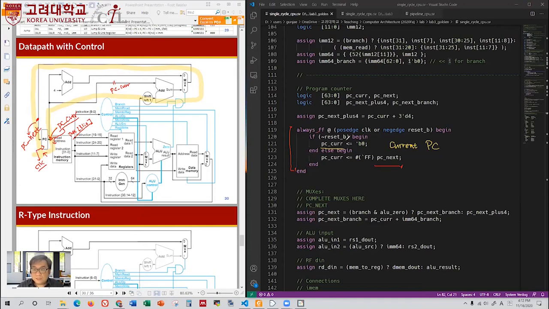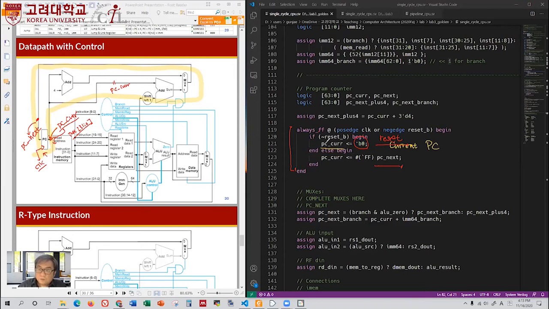If the reset_b signal is 0, then the current PC becomes 0. That is the reset state. This is similar to when you push the reset button on your computer system. The reset signal initializes the computer system. Okay.